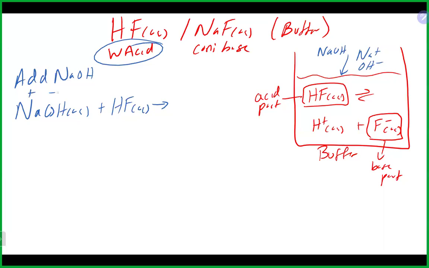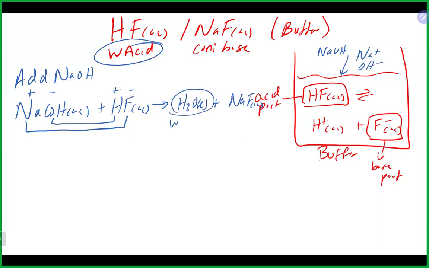This also is a double displacement reaction where we're going to switch partners. And that's an acid-base reaction, which means we are going to make water and a salt, which in this case is NaF here. And once again, we do make water, which obviously is not going to mess up the pH. And just like before, we actually made part of the buffer.